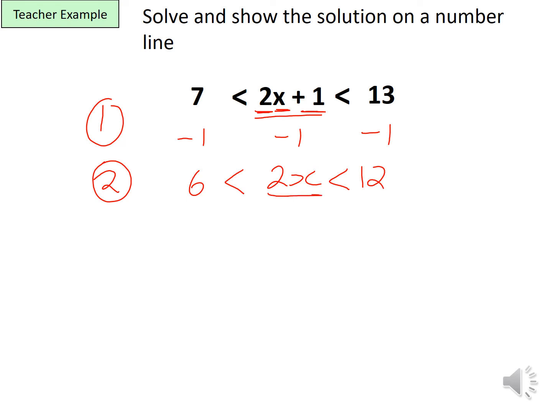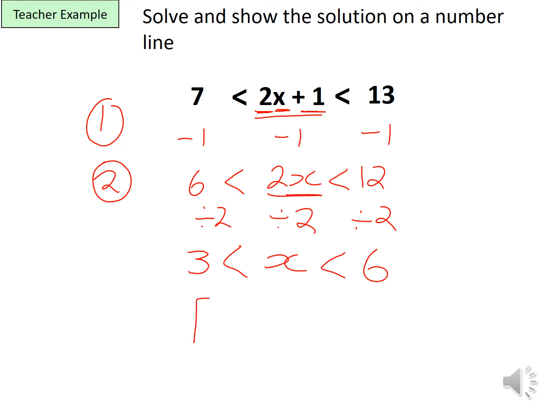Now step 2, I need to divide it by 2 because I think of a number, I times it by 2, so the inverse of times 2 is to divide it by 2 on all three terms. 6 divided by 2 gives me 3, 2x divided by 2 gives me x, and 12 divided by 2 gives me 6. So I need to represent this on a number line.